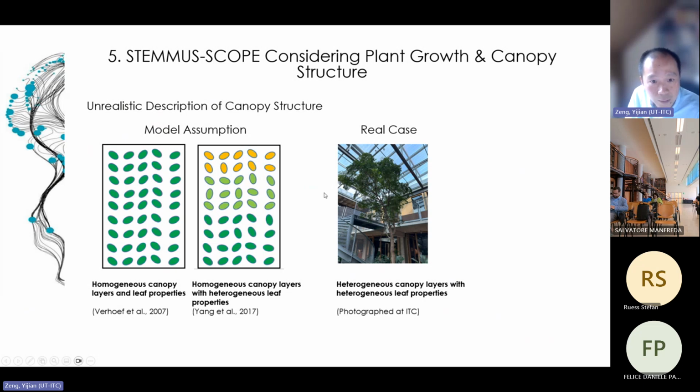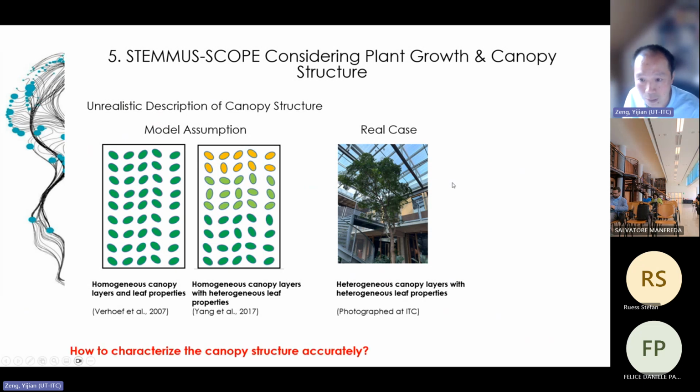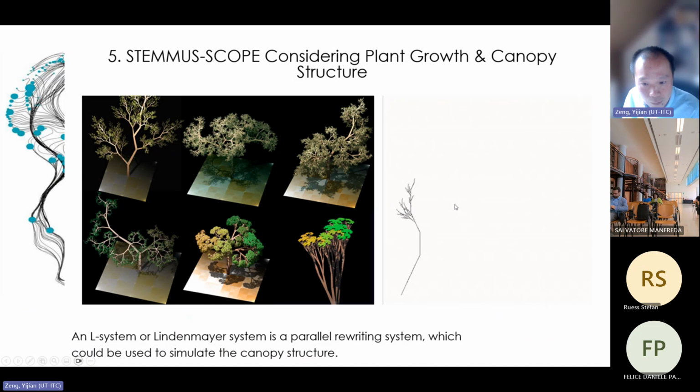Another thing we incorporate into the model is the canopy structure, because currently the LOAI is evenly distributed over the whole tree in terms of the whole plant height. But we know a plant or tree has a canopy structure, so we are trying to incorporate this canopy structure into STEMscope. In order to do that, we use LO system, and currently this structure has been incorporated into STEMscope as well.